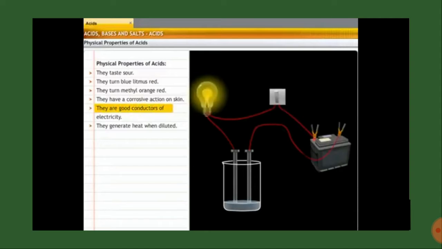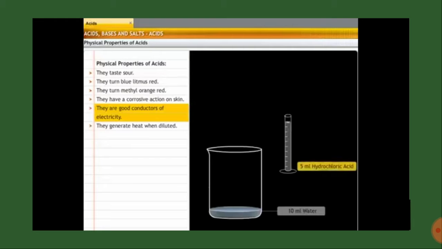Acids are good conductors of electricity. Let us try to prove this through an activity. Pour 5 ml of hydrochloric acid into a beaker containing 10 ml of water.